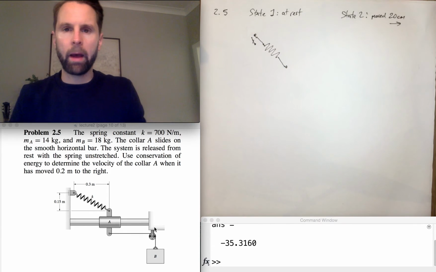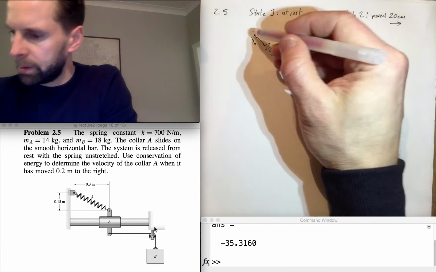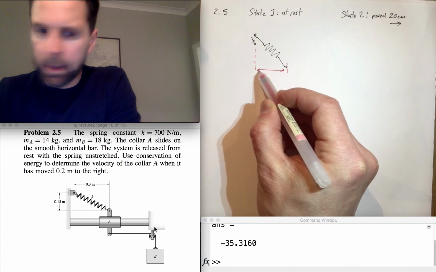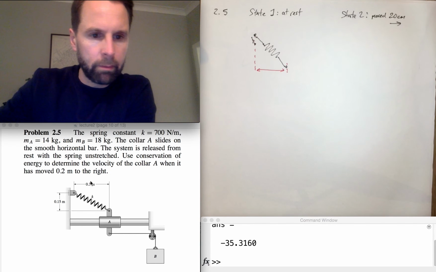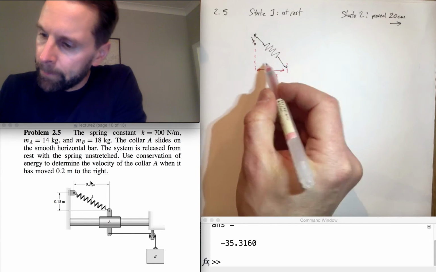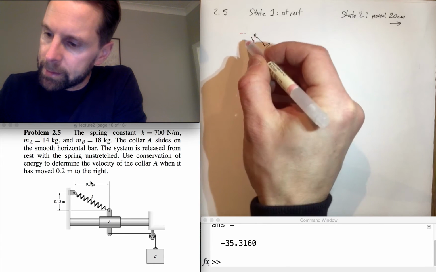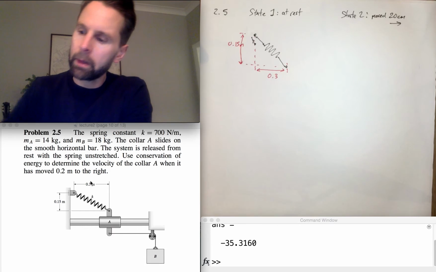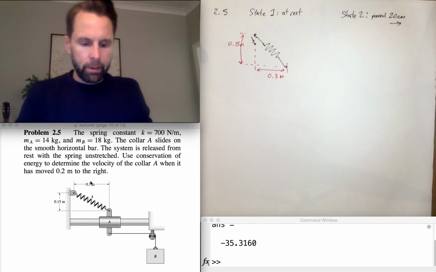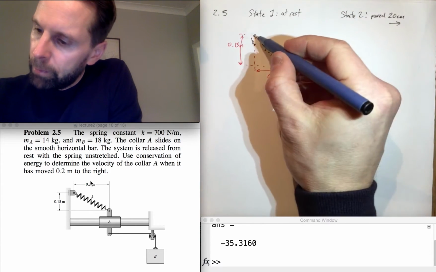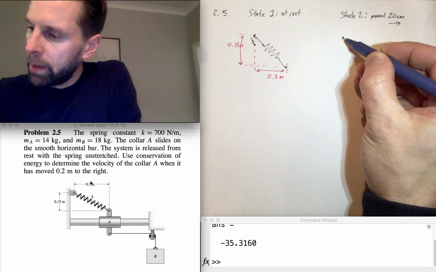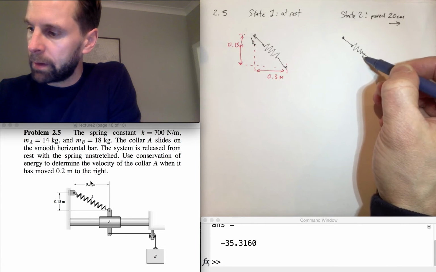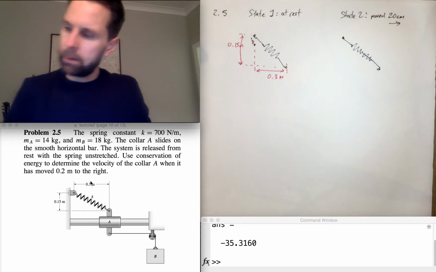That's how it is initially. And that distance is in the question. It says 0.3 there. And that distance is 0.15 meters. Now once it's moved, one of the ends of the spring moves and it extends.